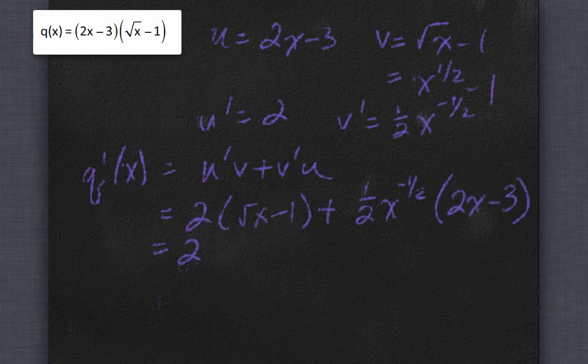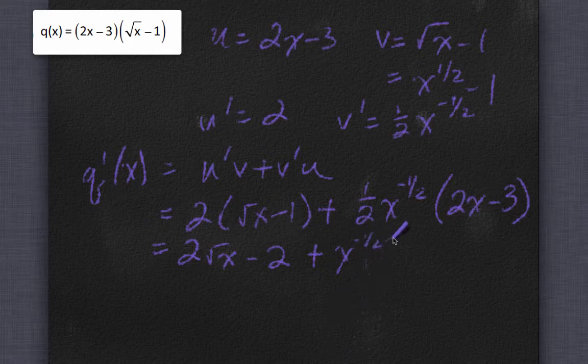So that's 2 root x minus 2 plus 1/2 times 2 is 1. X to the negative 1/2 times x to the 1 is x to the negative 1/2 plus 1. And then 3/2 x to the minus 1/2. So I have 2 plus 1 x to the 1/2.